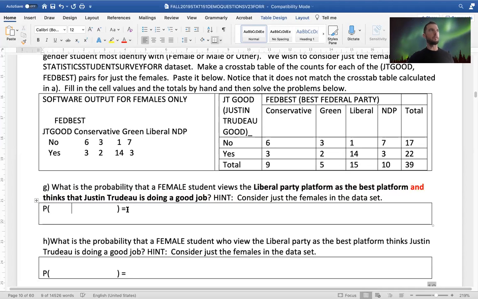All right, so this is going to be yes and liberal. Yes and liberal is 14 out of 39, 0.359, equals 35.9%.